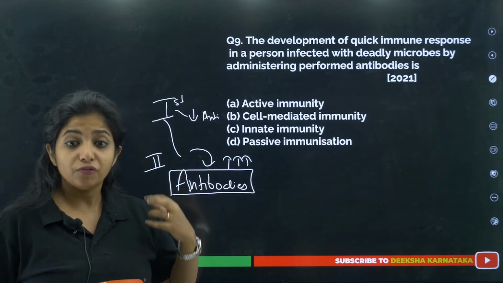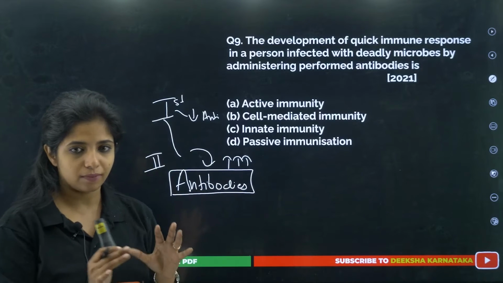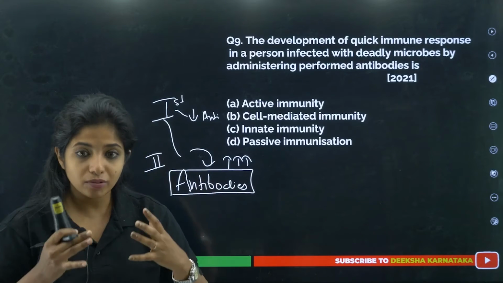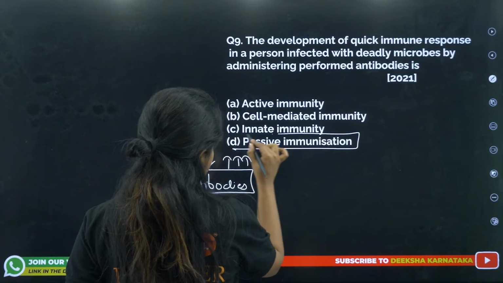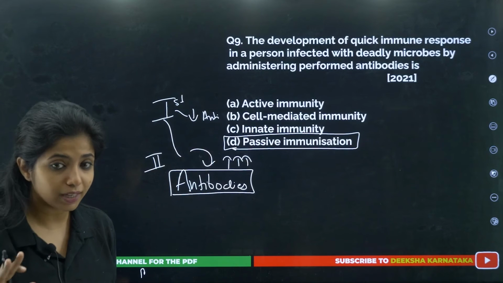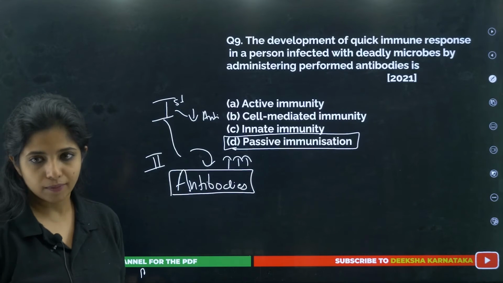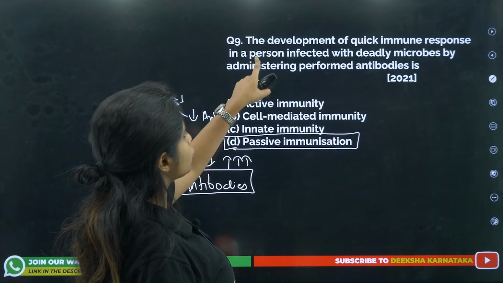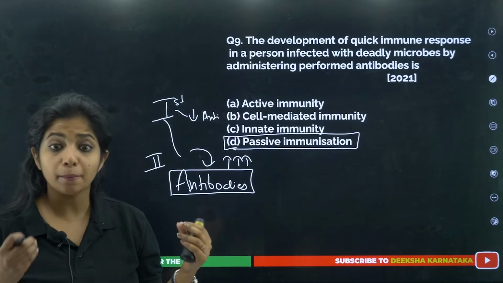This type, where your body is not actively producing antibodies but you are getting antibodies from somewhere outside, you call passive immunization. It is not active, it is passive. Your body is not actively participating in this. So, the development of quick immune response in a person infected with deadly microbes, any deadly microbes, for example tetanus.